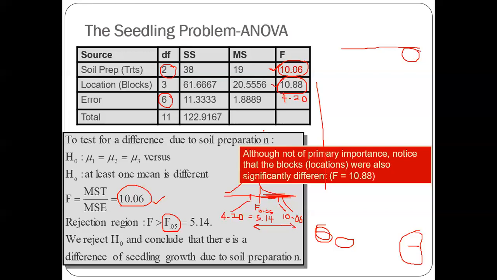So if in this situation both values of the F statistic, for treatment and block, fall in the rejection region, we can further the analysis by using the Tukey method. And if the condition is like I mentioned, where one of the F statistic values falls in the rejection region and the other does not, we can only proceed with further analysis for the one where we reject the null hypothesis.